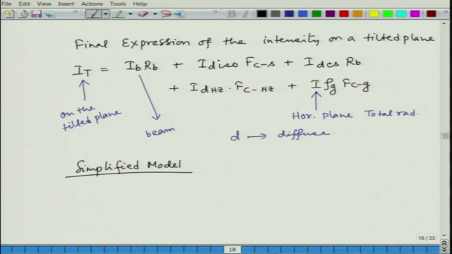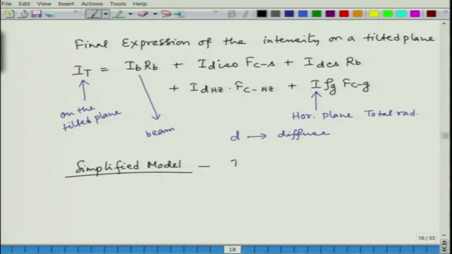So, the simplified model, what does it do? It does not differentiate between the isotropic diffuse radiation, the circumsolar diffuse radiation, or the horizon brightening diffuse radiation. It takes only the isotropic sky. So, the simplified model we call the isotropic sky model, which is actually the most widely used model because of its simplicity.